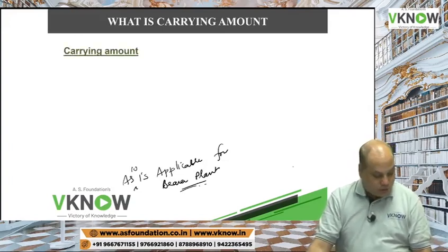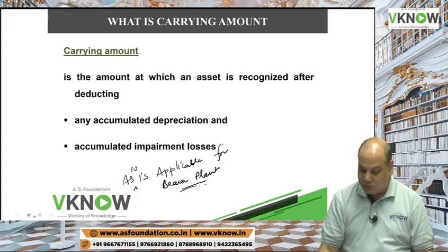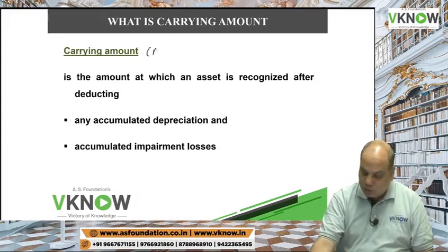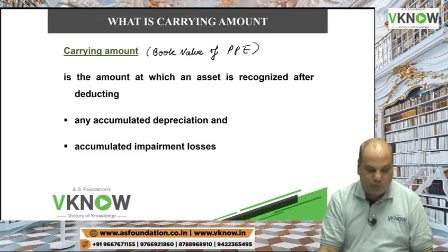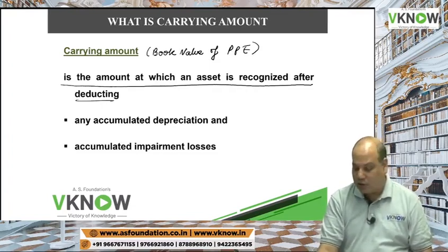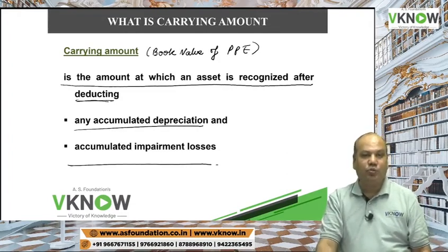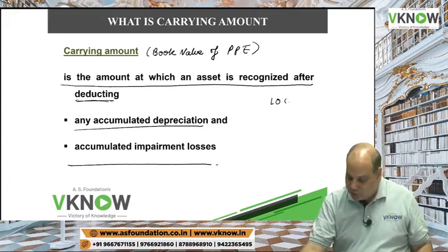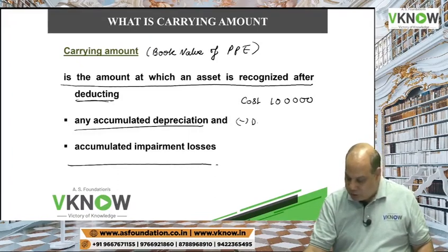Come to next point number E, carrying amount. What is carrying amount? Carrying amount means what you call in your accounting language book value. Book value of PPE. Then your question will be, what is book value of PPE? Is the amount at which asset is recognized after deducting any accumulated depreciation and accumulated impairment loss. Let us say I purchased one asset for 1 lakh, less accumulated depreciation.